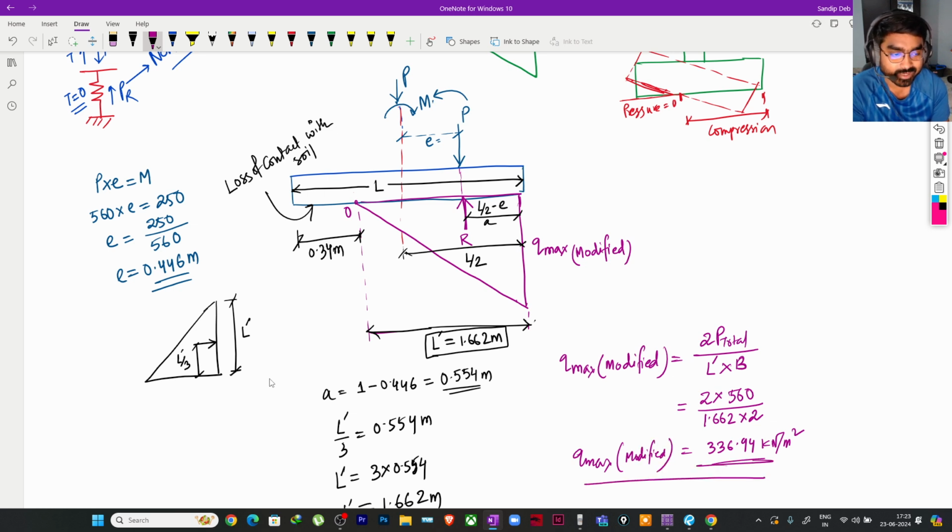This is the final pressure that we'll be getting here. And there will be a pressure which is 0 kilonewton per meter square; there will be no pressure.